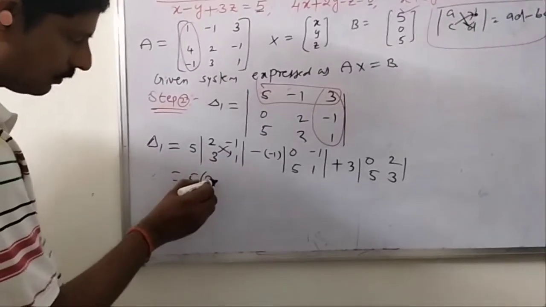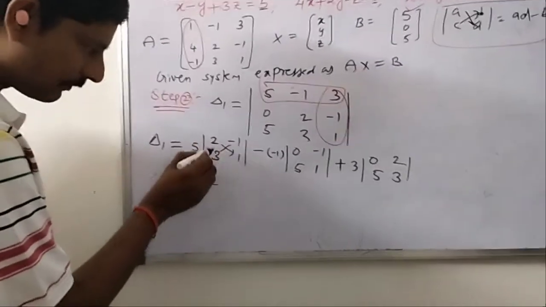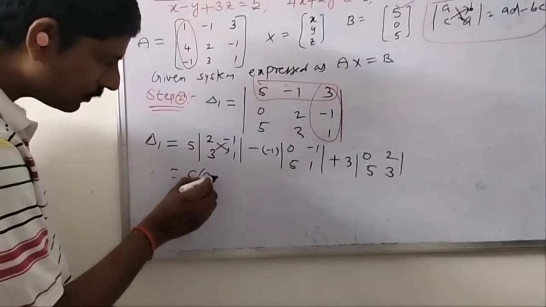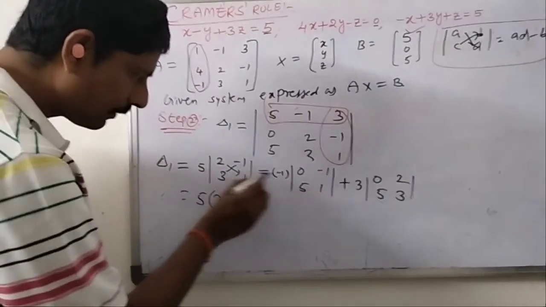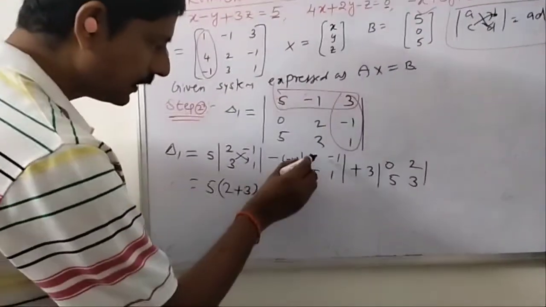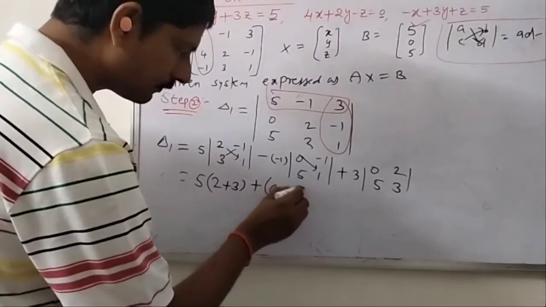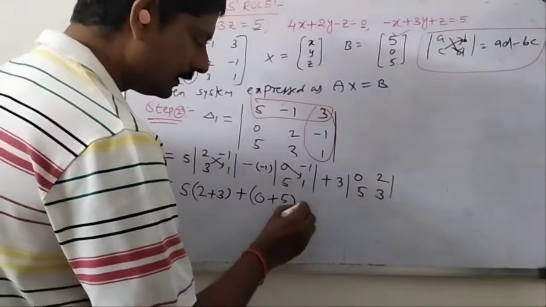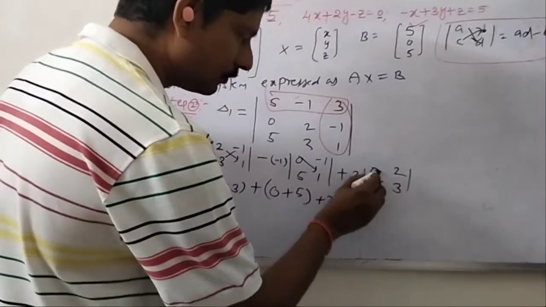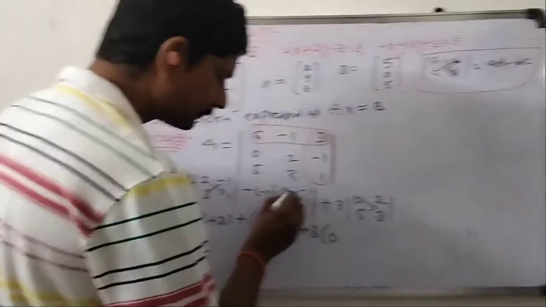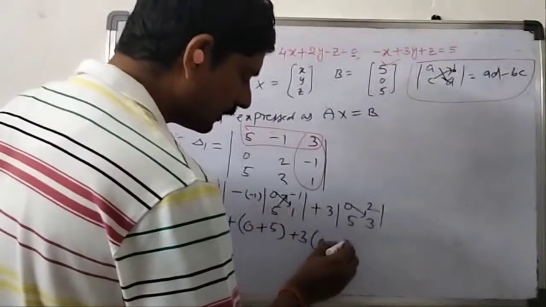5 of 2 ones are 2, minus into minus, already in the formula minus is there, so minus into minus is plus 3. Minus into minus is plus, 0 ones are 0, minus into minus is plus 5, plus 3 of 0 into 3 is 0, 5 twos are 10.